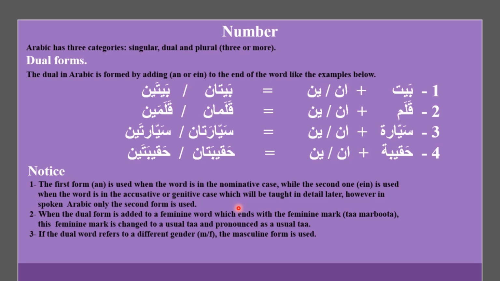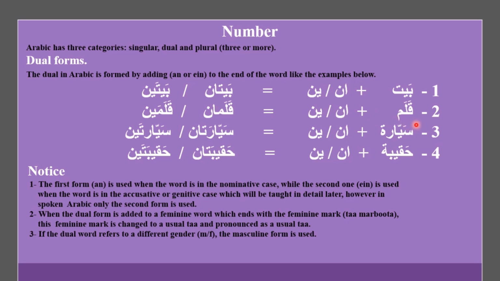However, in spoken Arabic, we only use the second one, which is Baytain. So focus on this, the second one, but keep in mind the alif noon is also used in formal or standard Arabic.